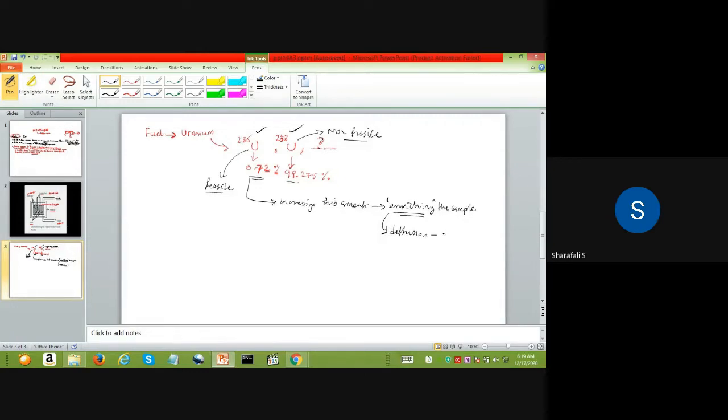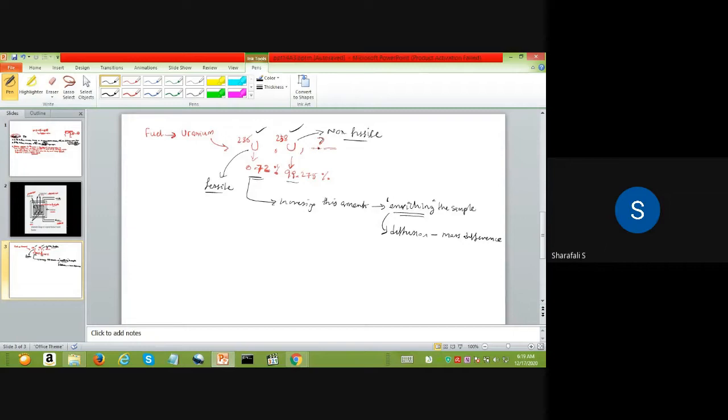When you do diffusion, it is performed by mass difference. Uranium-235 and uranium-238 have different mass numbers, so they have different masses. According to that, we differentiate uranium-238 and uranium-235 and take some portion of the uranium-238 out of the sample.